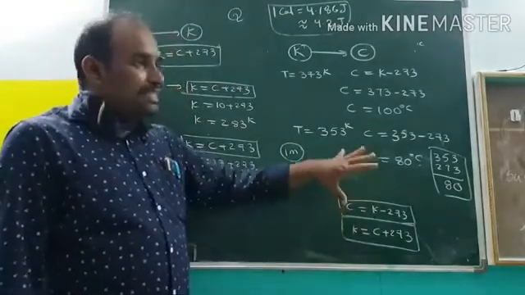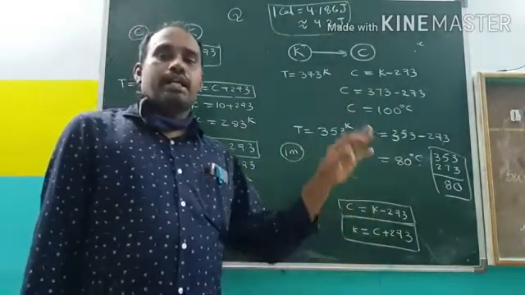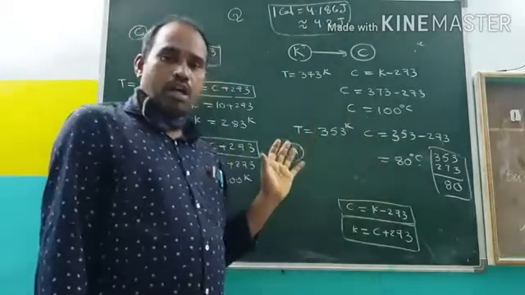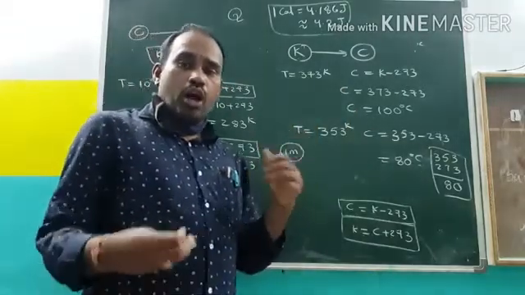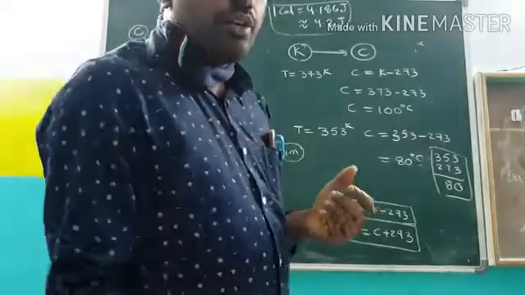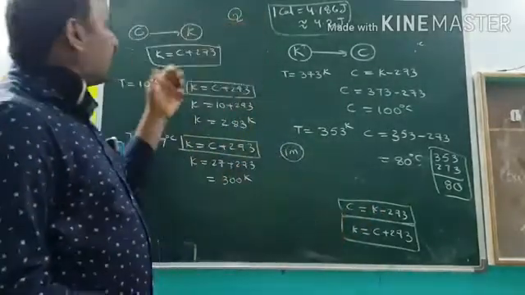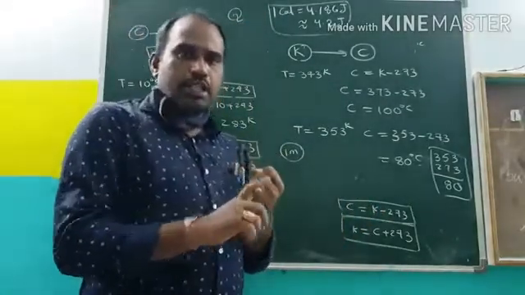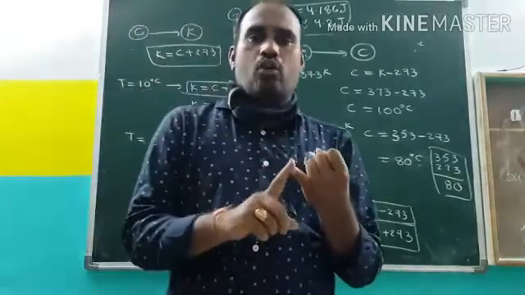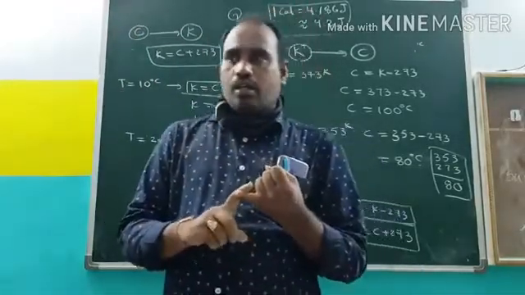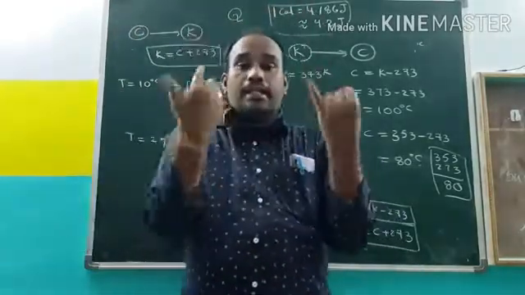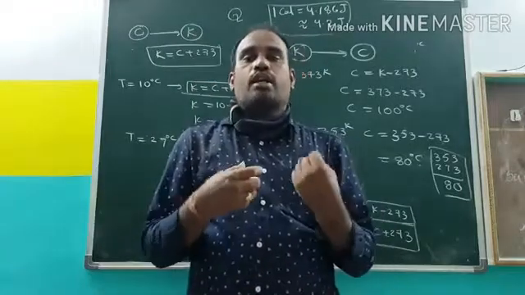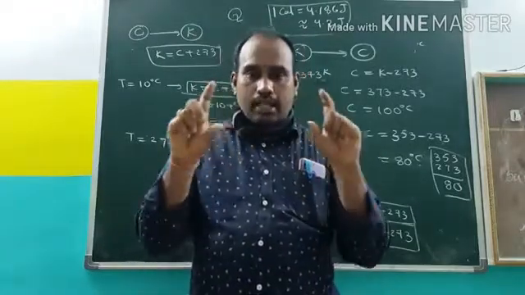So this is the concept of the scales of temperature. Are you clear? What did you learn today? Today's topic is temperature. What is temperature? The degree of hotness or coldness is called temperature. How do we measure temperature? We must construct a scale of temperature.